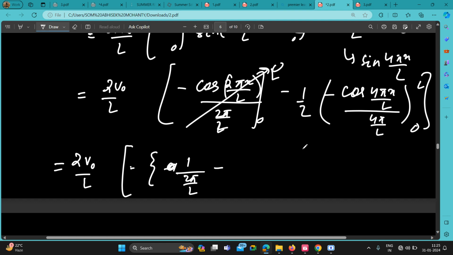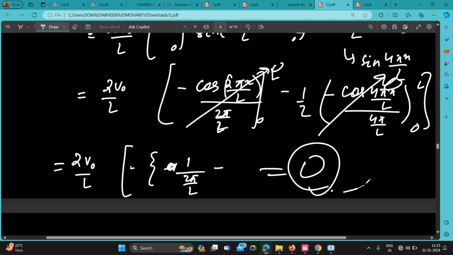This one will also come as 0 because cos 4 pi is 1 and minus cos 0, that is 1. So the whole thing will be 0. Yeah, this will be coming 0, that's why. I hope you understood this.